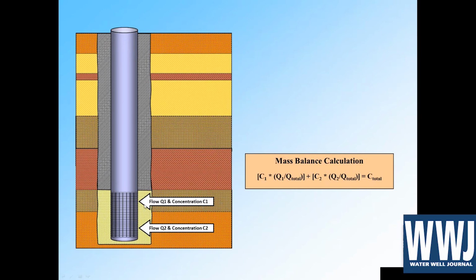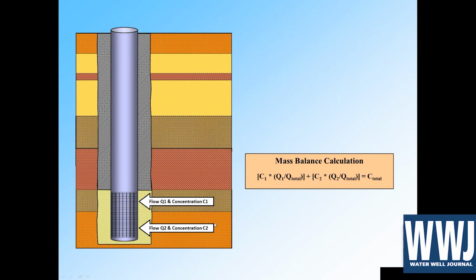So we have a zone here. Q1 is the flow that we estimate. C1 is the concentration of our constituent. Let's say it's nitrate. So we have a concentration of nitrate. We have a different flow and a different concentration of nitrate. What will happen when they blend? You just do this mass balance here. This is the first concentration times the proportion of flow plus the second concentration times its proportion of the total flow.